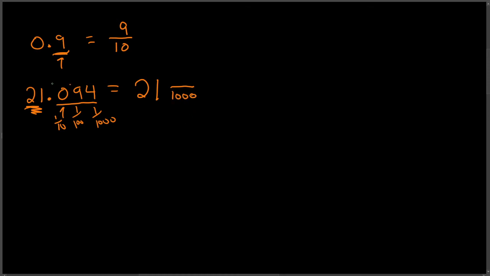And the numerator is this number, 94. And so we have a mixed number, which we can simplify. This one's going to be hard. I know they're both divisible by 2. In fact, 94 divided by 2 is 47. And 1,000 divided by 2 is 500. And I think 47 is as simple as we can get.